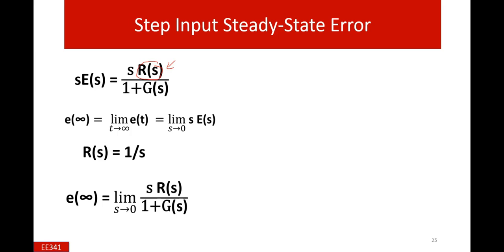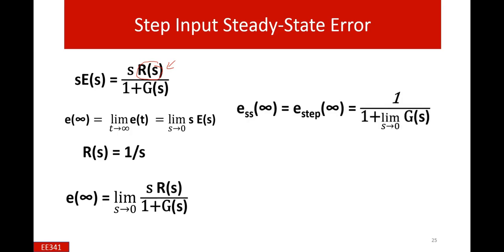Then the steady state error is simply, if R of s is 1 over s, then after canceling out and applying the definition, the steady state error is like this.